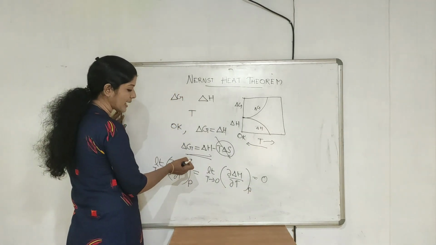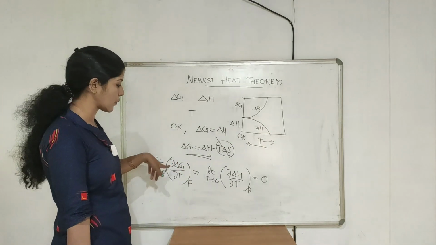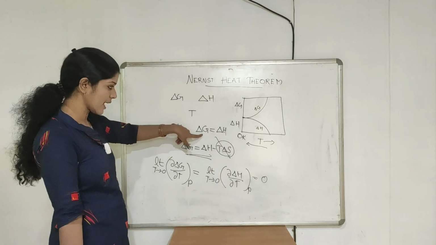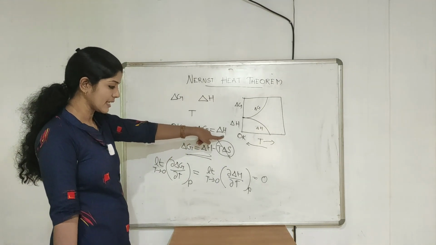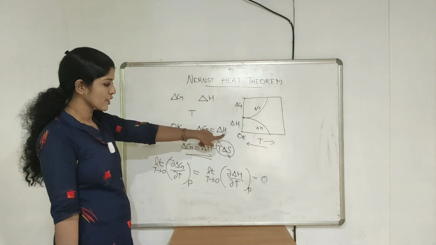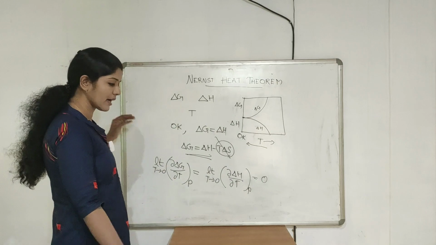Okay. So mathematically we can represent Nernst equation as limit T tends to 0, dou delta G by dou T at constant P is equal to limit T tends to 0, dou delta H by dou T at constant P will be equal to 0. That is, both of them are equal.